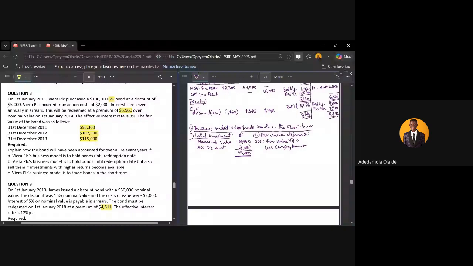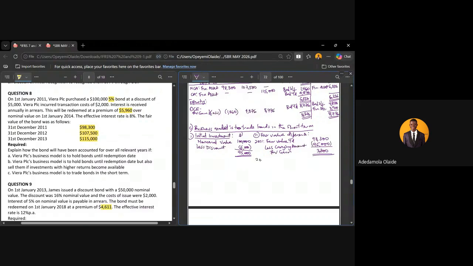The carrying amount is 95,000. So that means we'll have a fair value gain of how much? 3,300.